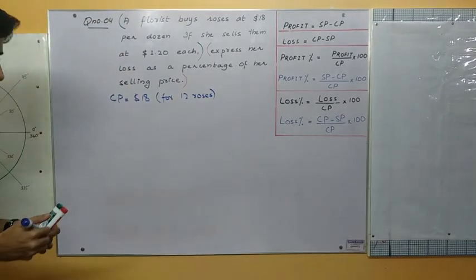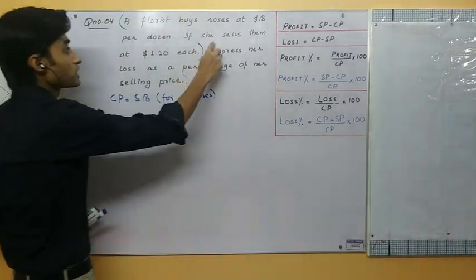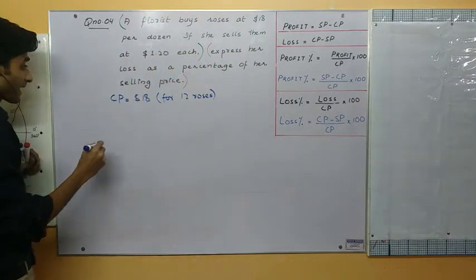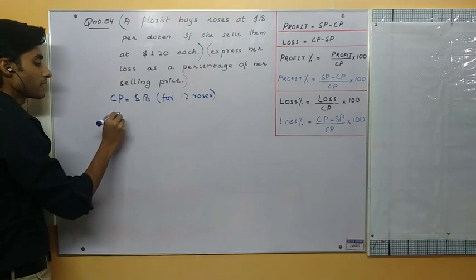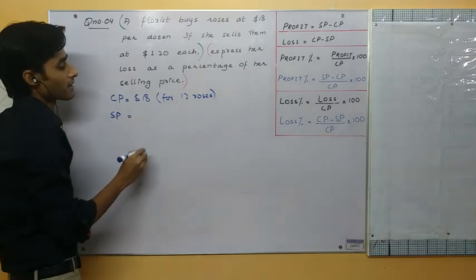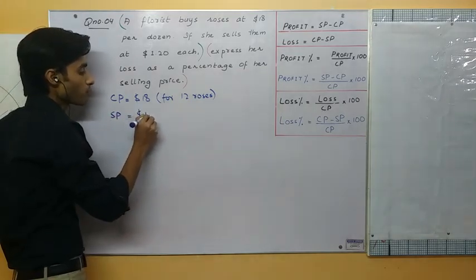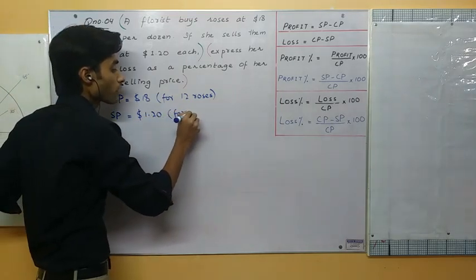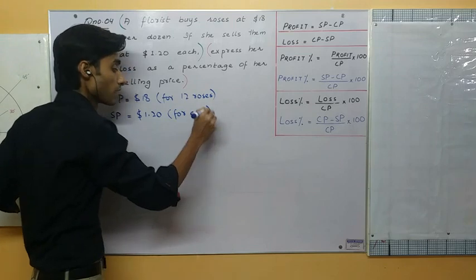That's perfectly alright. Then if she sells them at $1.20 each, I have the selling price, and the selling price is $1.20, but for each rose.